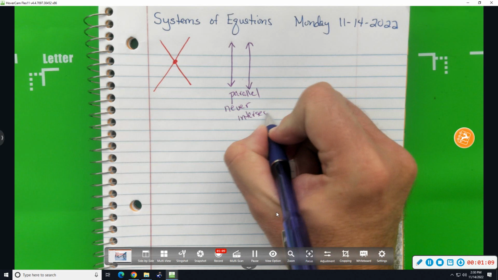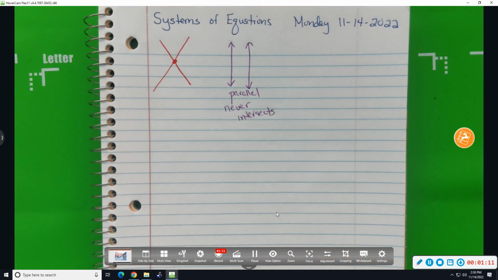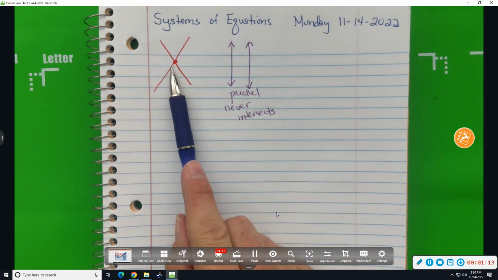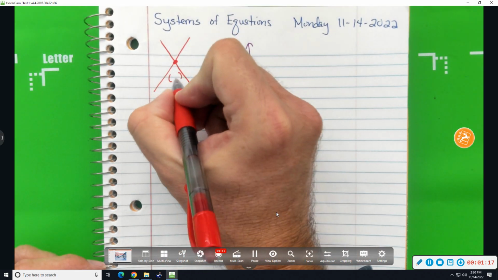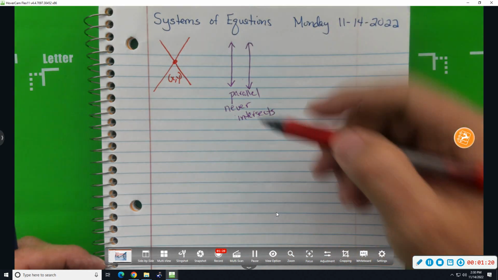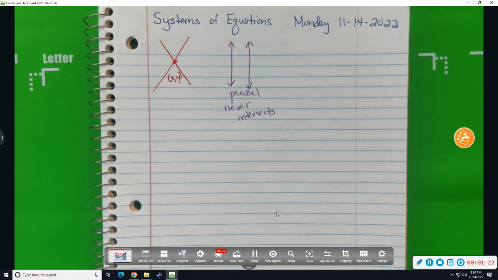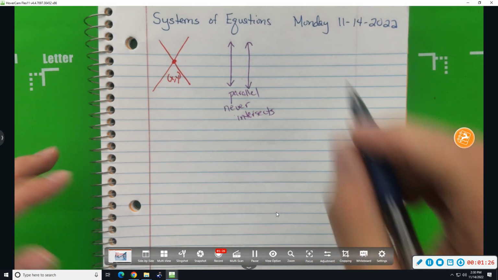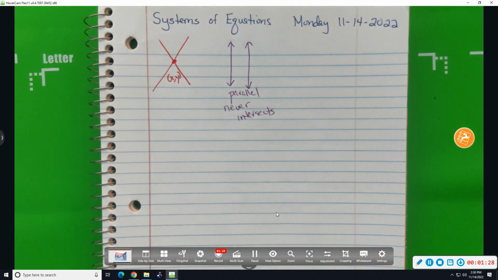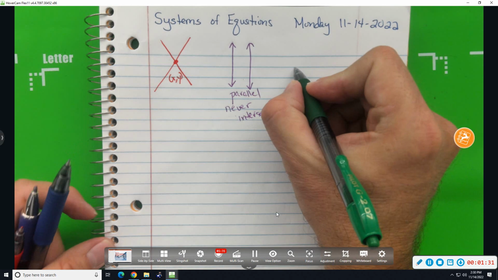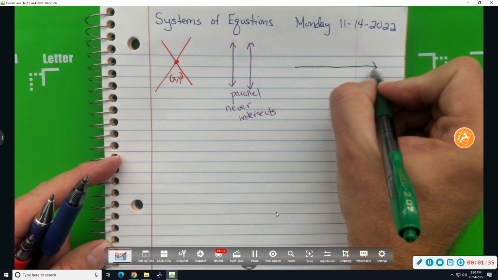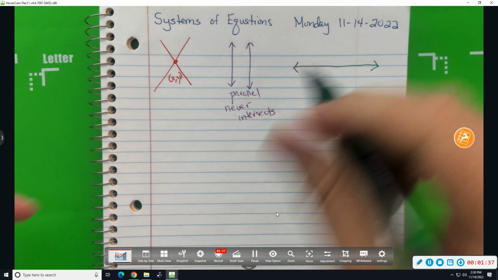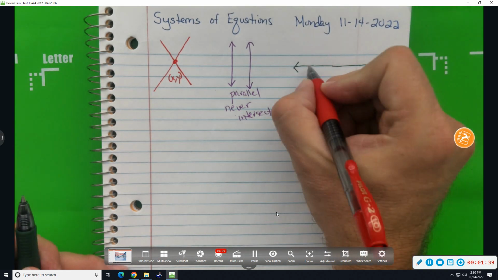So, if you're going to draw just two lines at random, either they'll intersect in 1 point, which is an ordered pair x, y, or if they're parallel lines, then they'll never intersect. And the third possibility, which is rare: what if you drew one line right on top of another?